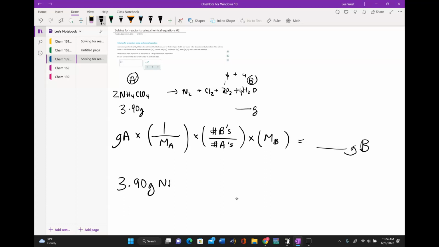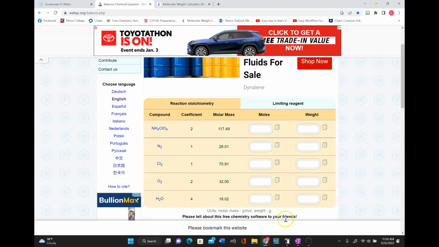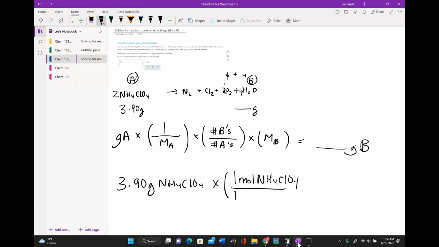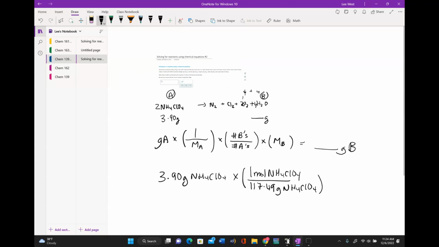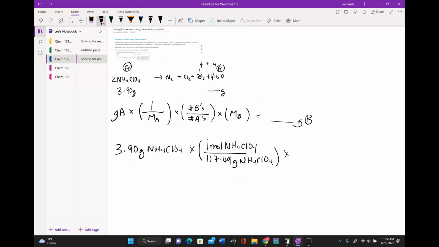3.90 grams of ammonium perchlorate times 1 mole of ammonium perchlorate. This is why it's worth putting it into WebQC, 117.49. There we go. And then number of B's over number of A's, so we get 4 moles of water for every 2 moles of ammonium perchlorate.